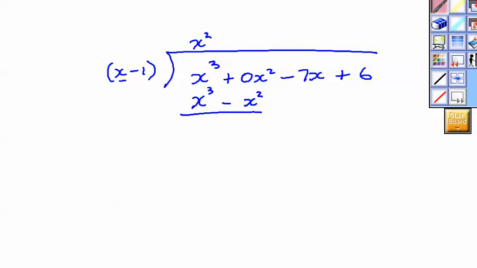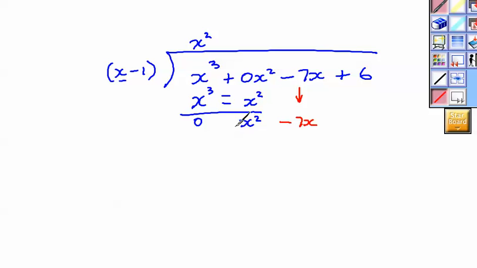I now subtract. These will disappear to give us 0, which is what we're after. Nothing minus x squared, imagine a minus there, which will give you a positive, so this is going to become x squared. I then bring this down here, so that will give us minus 7x.